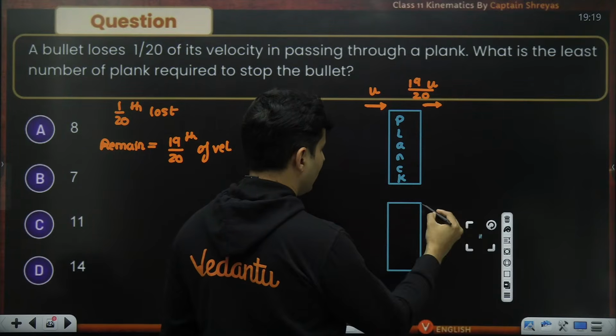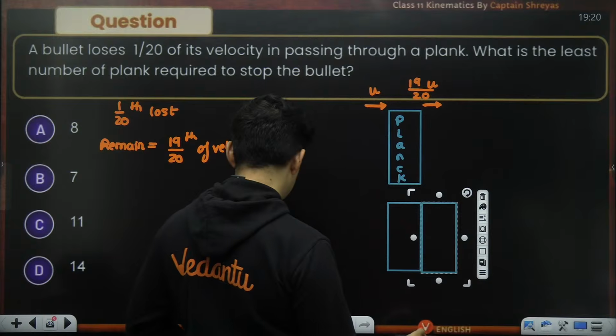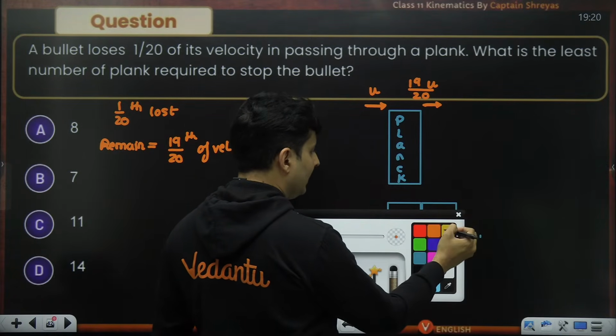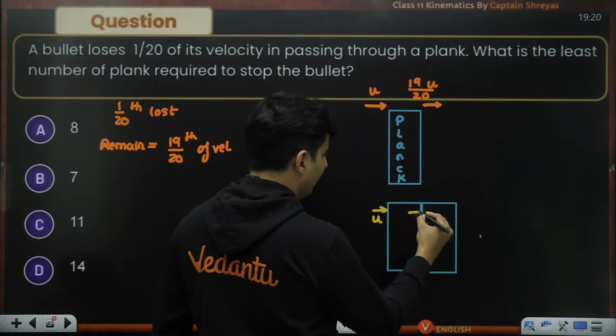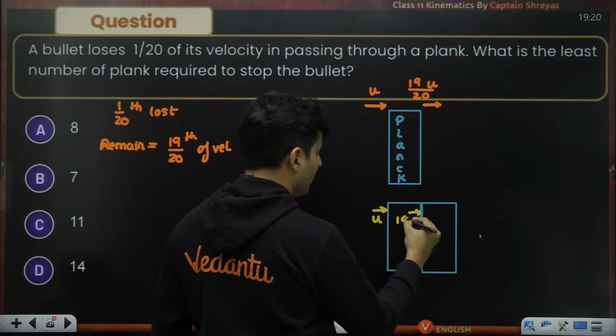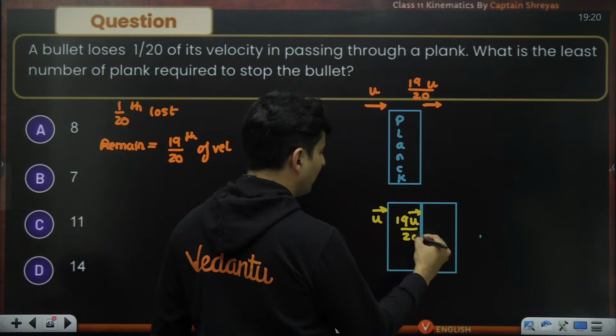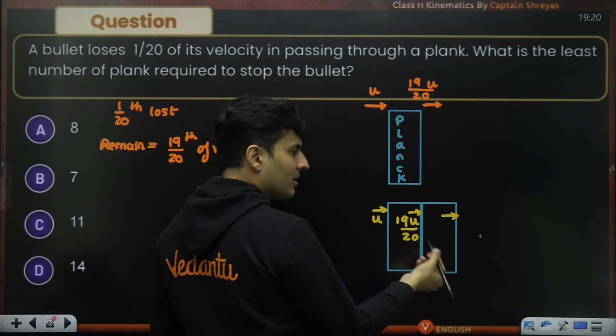So one plank is there, then another plank is there. If it enters with some speed of u, when it crosses the first plank it will have a speed of 19u/20. Next plank, it will lose more u/20 speed.